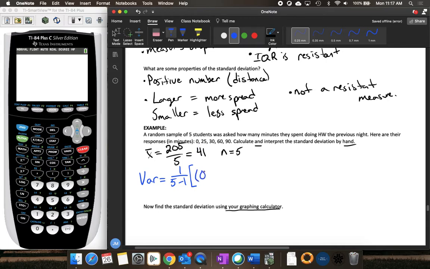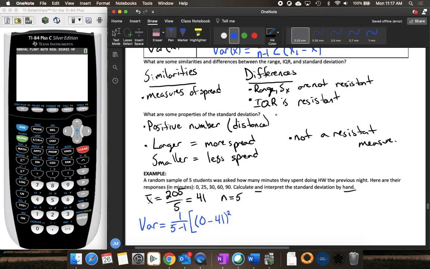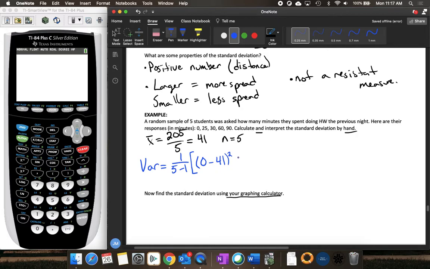So that would be 0 minus x bar, which we found was 41. We'll close our parentheses and square it. That's what it means when it says x sub i minus x bar: take the value from your sample minus your mean and square it. Now here's where the sigma comes in: you add to that the next one.